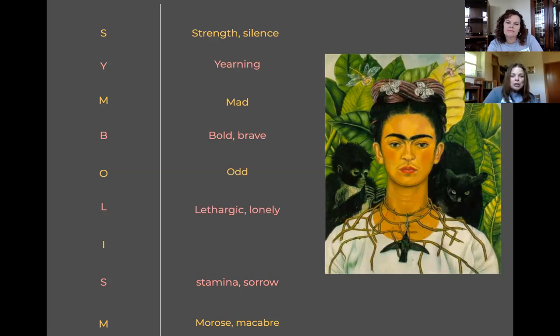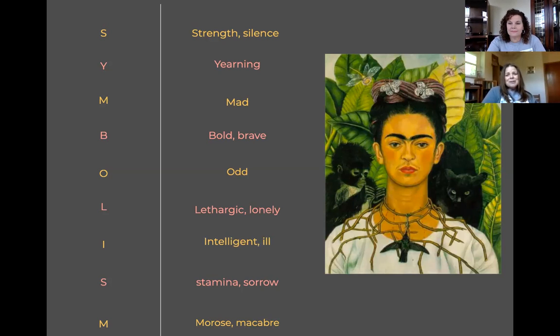I used lethargic because her pain exhausted her. And so that's just another word for being exhausted. And then I also chose lonely because she was by herself so much. And I chose intelligent because I think she was really smart. And I think that the detail and the work in her art shows great intelligence.